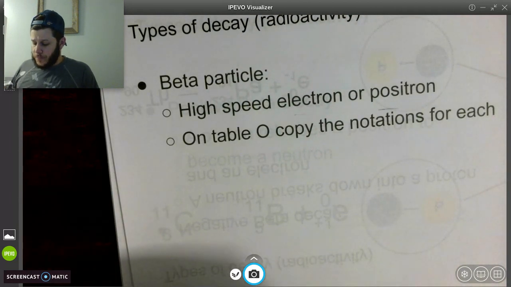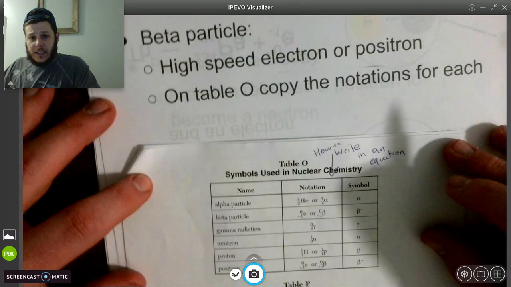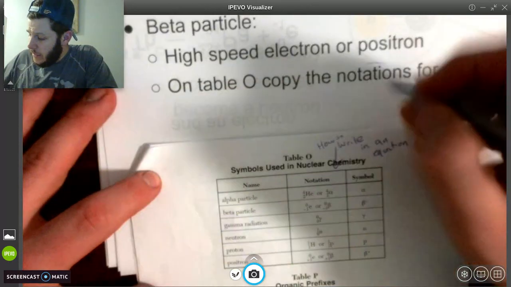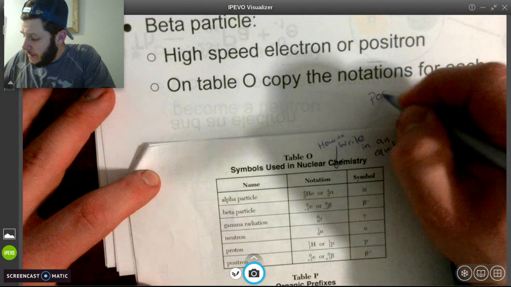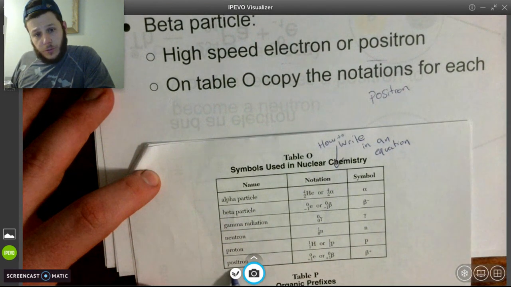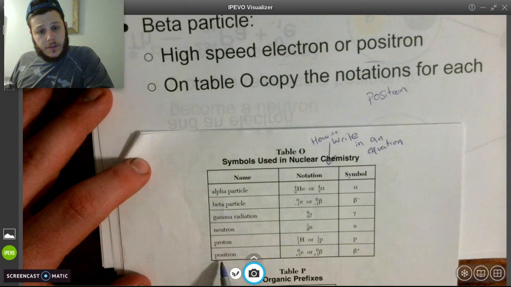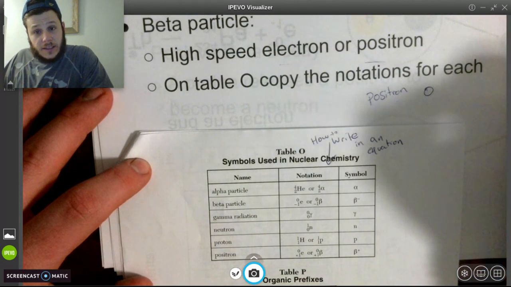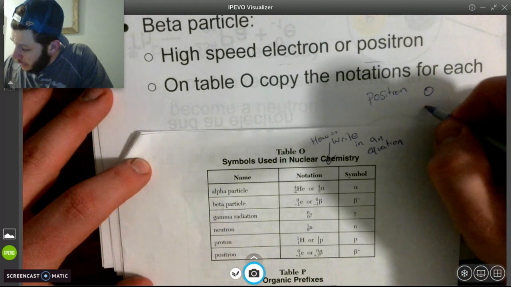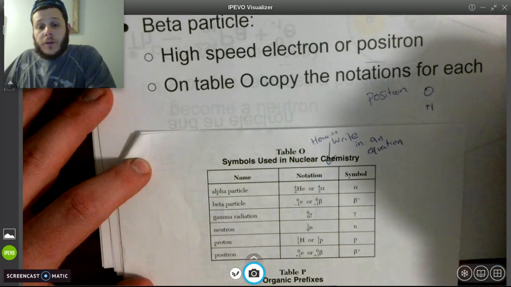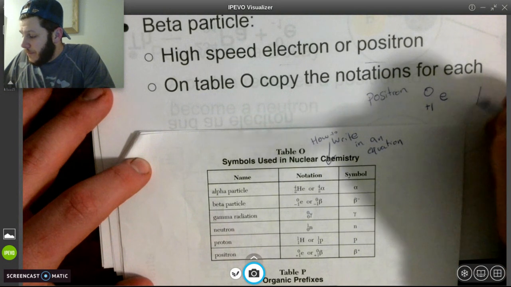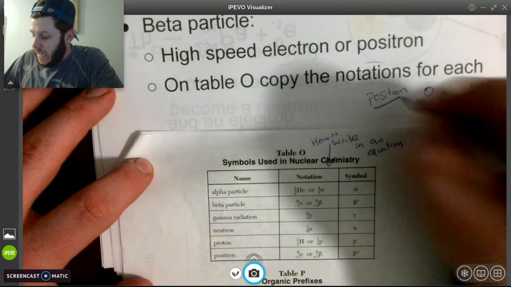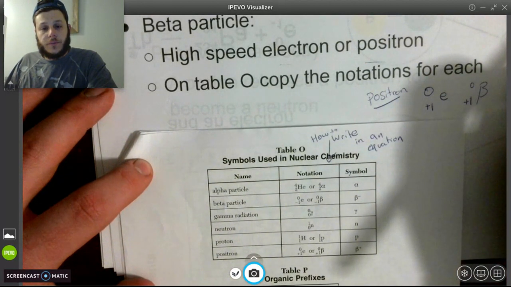So if I write this here, let's see if I can do this. The positron notation, which is right here, is a 0 mass and a +1 atomic number with either an E or a B. That is called a positron particle.